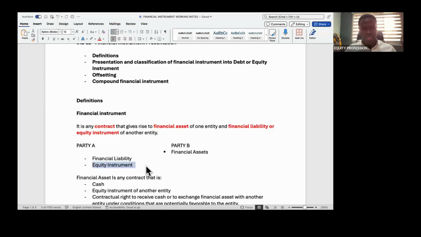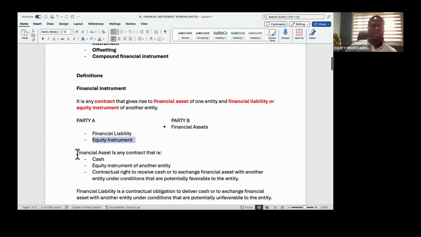And I told you what debt instruments are, like loan notes, debentures, commercial papers. These are debt instruments. They are used to borrow money. But equity instruments are share capital, your ordinary share capital, maybe your preference share capital. These are used to raise money as well. We also went further into defining what financial asset is, as well as financial liability.